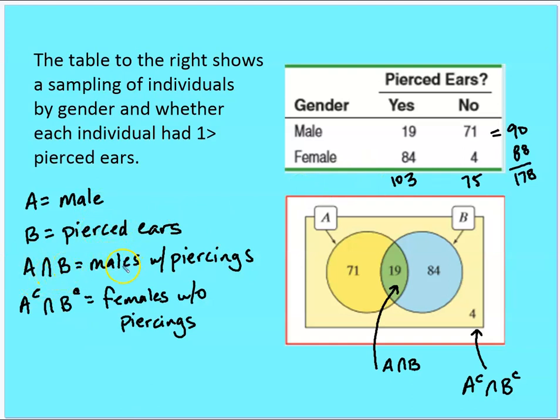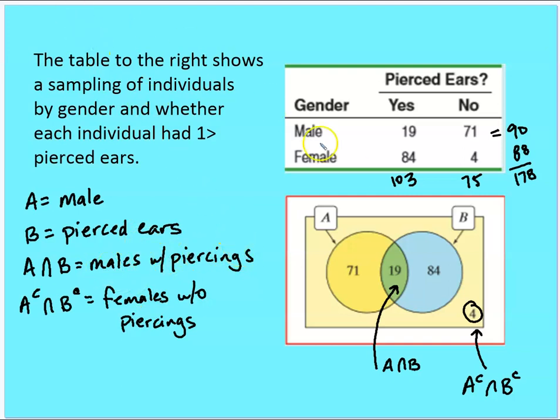Intersection of A and B is males with piercings. The intersection of the complement of A and the complement of B would be females without piercings. And so that would be 4 here. So you have this diagram in its entirety: males, pierced ears, neither male nor pierced ears, and males with piercings.